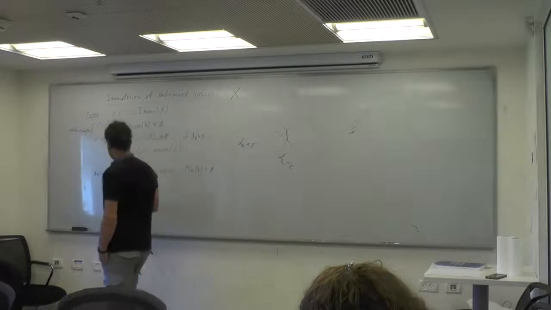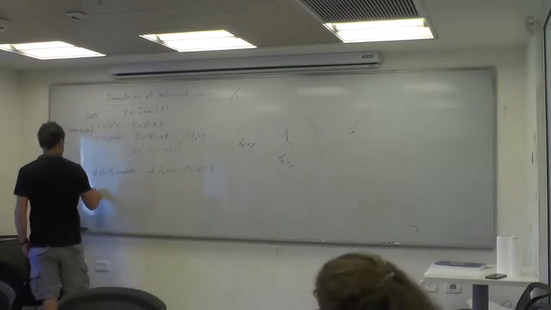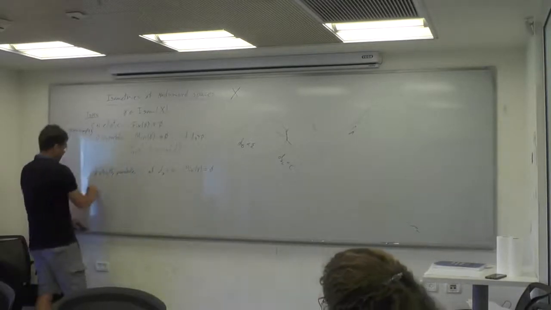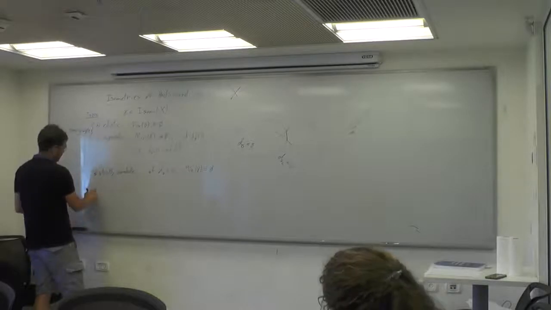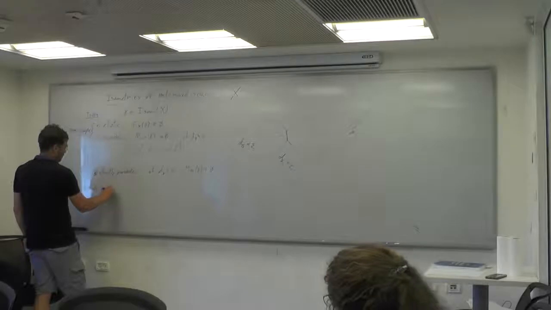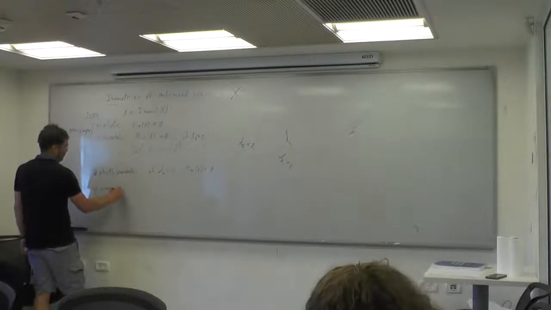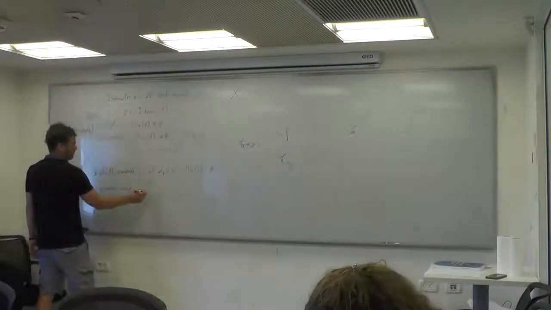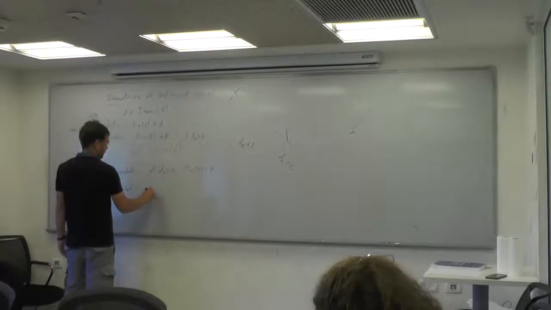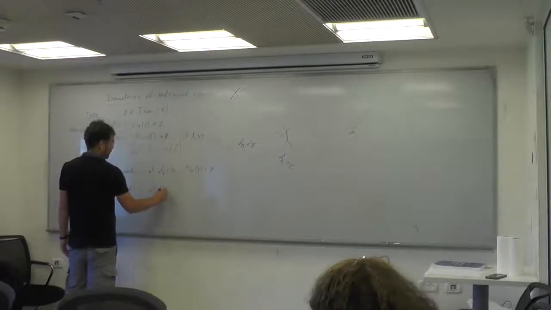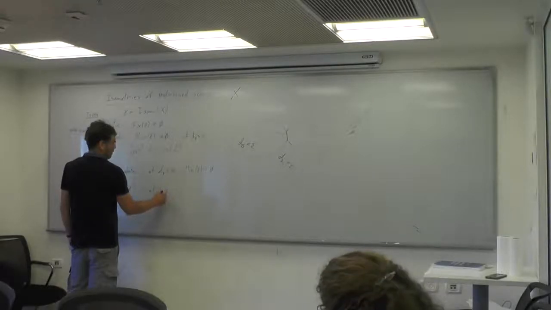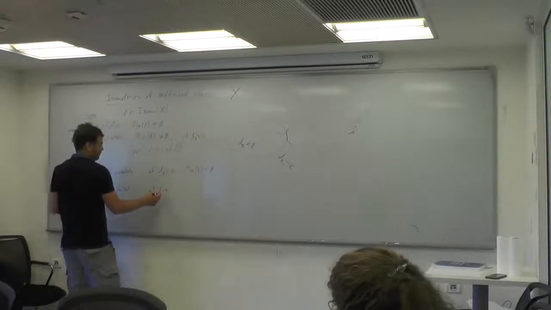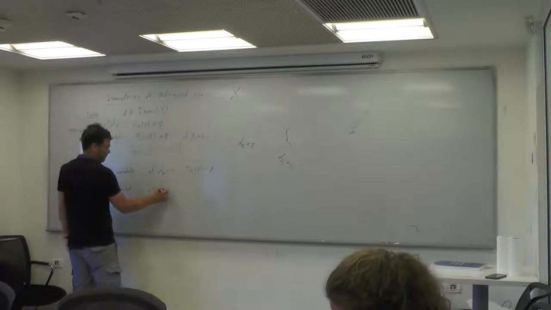The fourth type, sometimes called parabolic and sometimes mixed, is when we have only this condition, and the infimum of d gamma is not necessarily 0. Let's assume that it's positive.